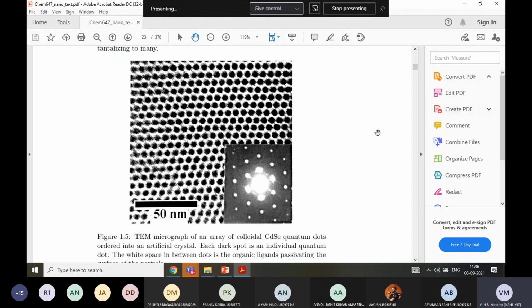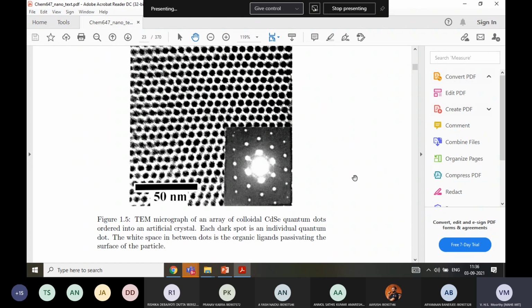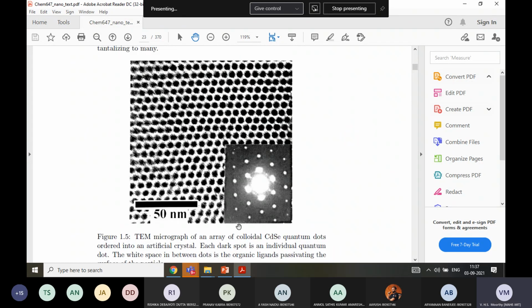You see here, CdSe means cadmium selenide quantum dots. Each of these black spots is a cadmium selenide quantum dot.